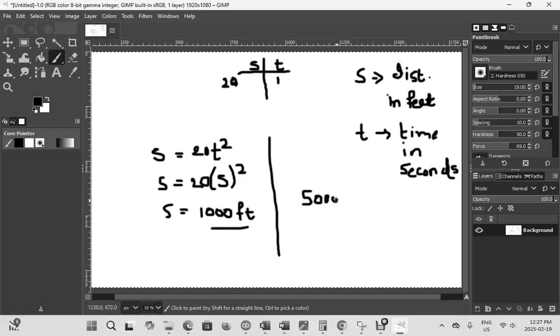Let's say you want to know the time frame for you to use your parachute or your reserve. When should you open your main parachute, and when might you want to open your reserve in case the main one fails? So 5,000 feet equals 20 T squared.